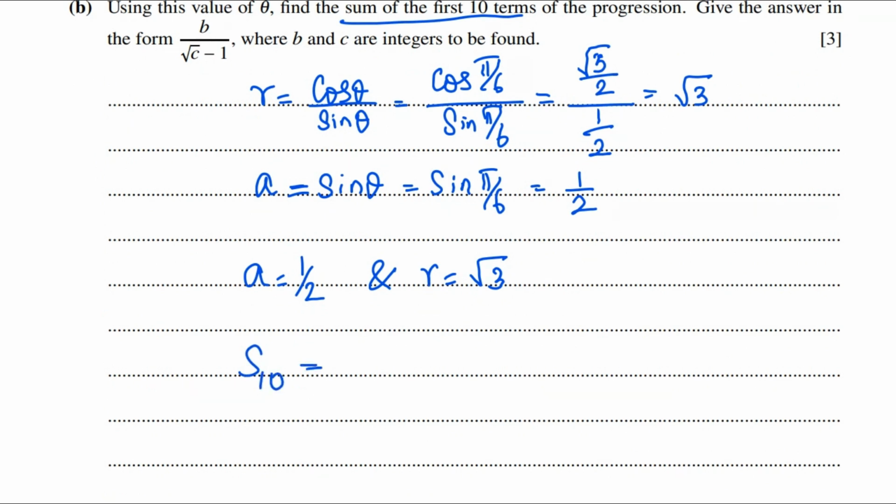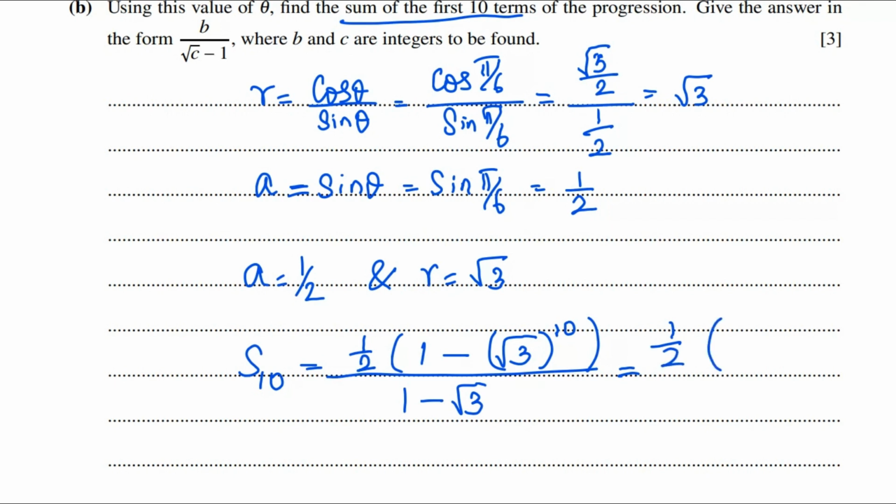So S10 equal to A value is 1 over 2 multiplied by 1 minus R, which is square root of 3, power n is 10, divided by 1 minus R, that is 1 minus square root of 3. And this is equal to 1 over 2 multiplied by, on simplifying this expression, we get 1 minus 3 power 5 divided by 1 minus square root of 3.